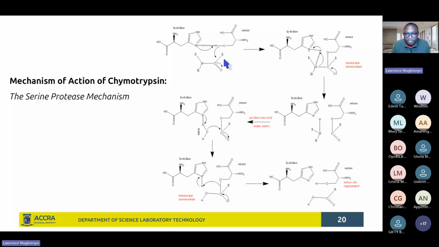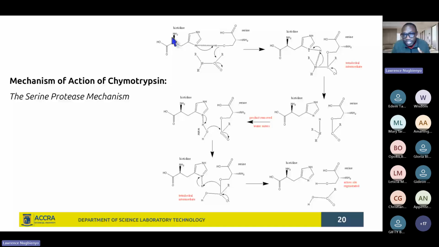Now, we see this is a serine residue. So there's a serine residue there in the active center. And we also see histidine. So you are seeing histidine here again. When we were looking at the example with papain, we saw cysteine and histidine. Here we are seeing serine and histidine.